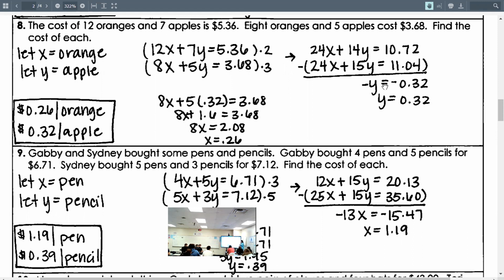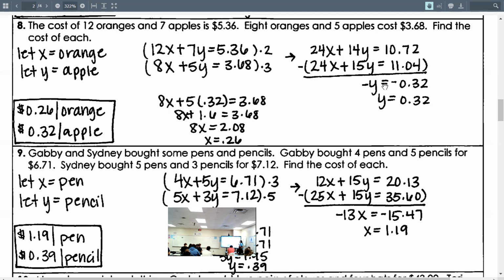Since they have the same sign on the 24x, they're both positive when you multiply them, we have to subtract them to get it to cancel. So the x cancels, and then don't forget to do it to everything else. So 14y minus 15y, negative 1. $10.72 minus $11.04, negative 0.32.